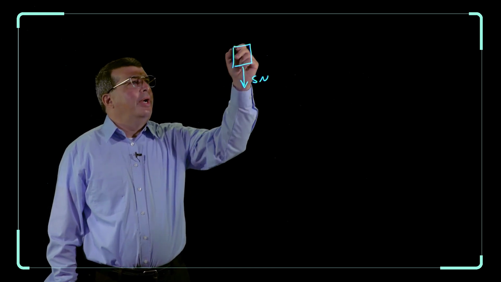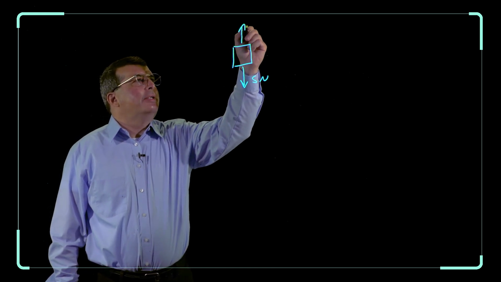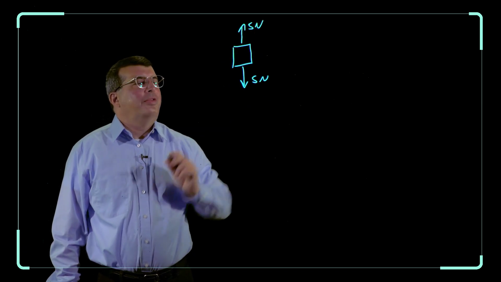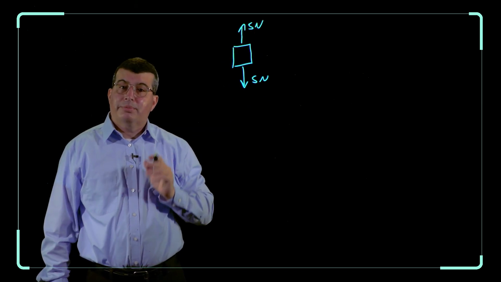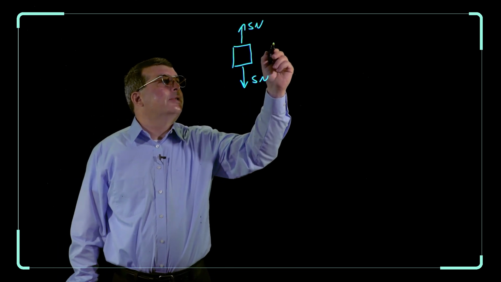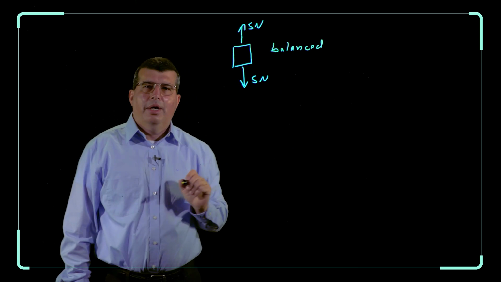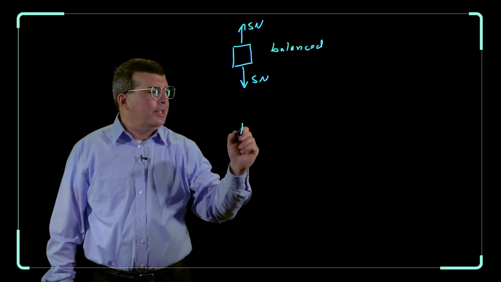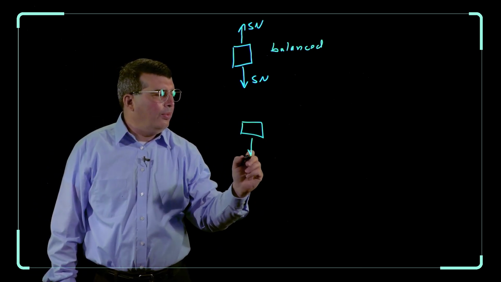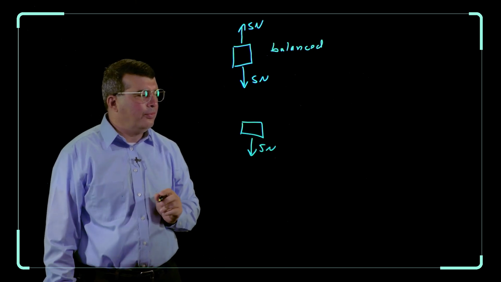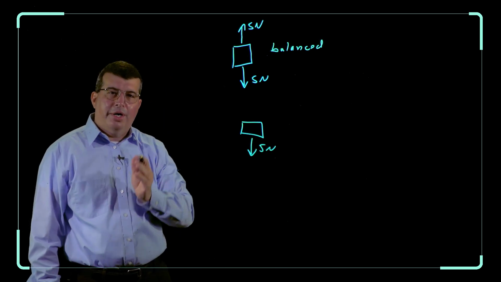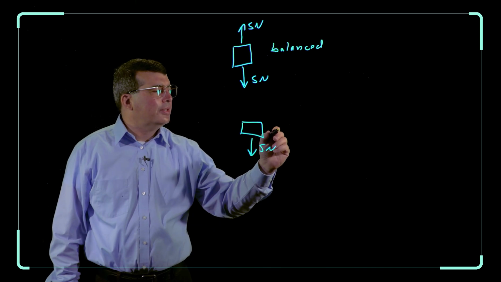Well, I can balance that with 5 newtons upwards. So that would be balanced. But once I let the pin go and all we had was the 5 Newton force down, then that was an unbalanced force situation.